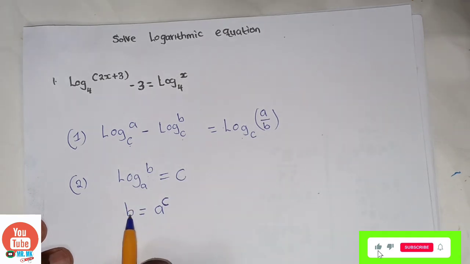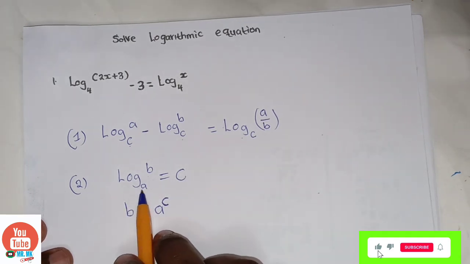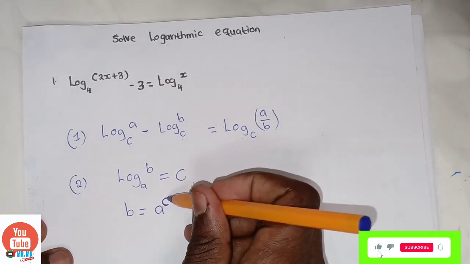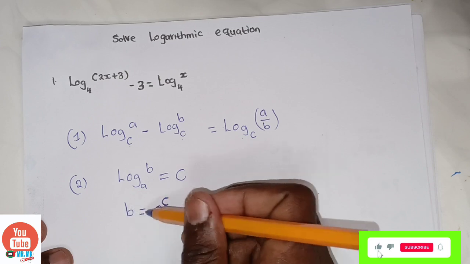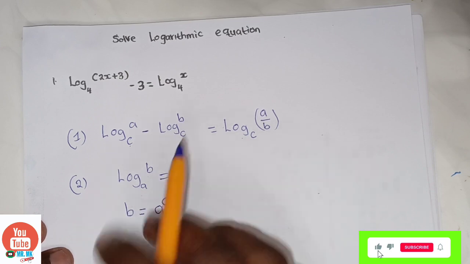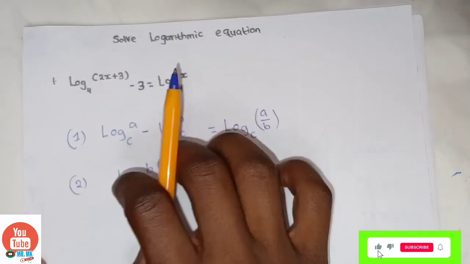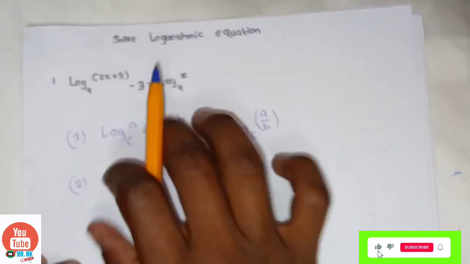The base will remain here, but c changes to a power. Now I think you see b is equal to a raised to c. That was the two log properties that you need to understand before you do this question.